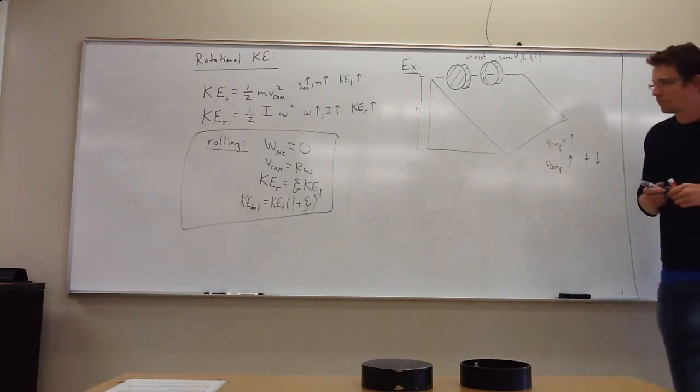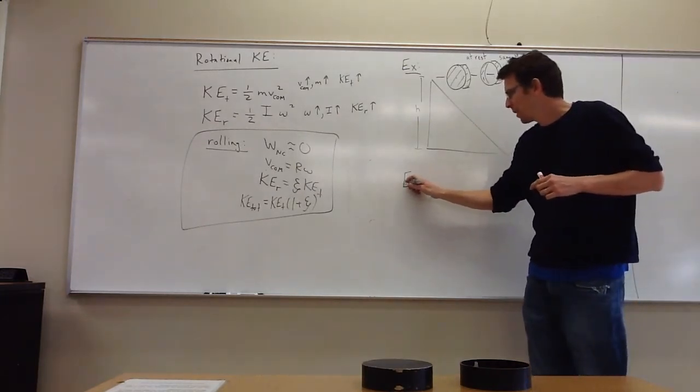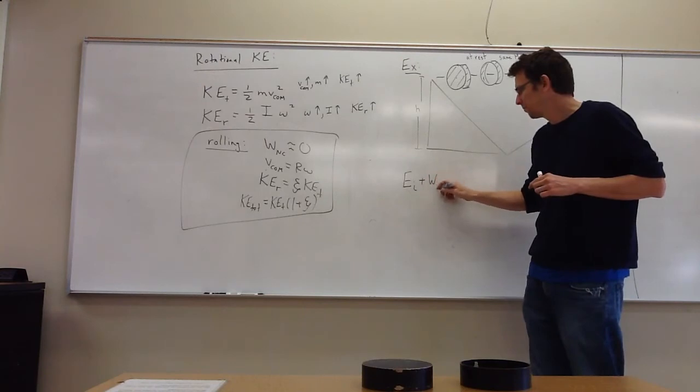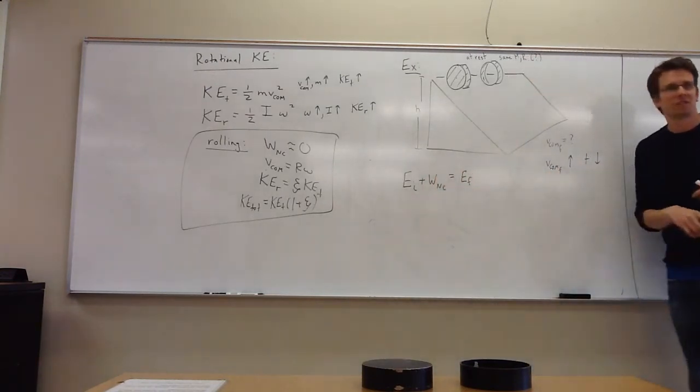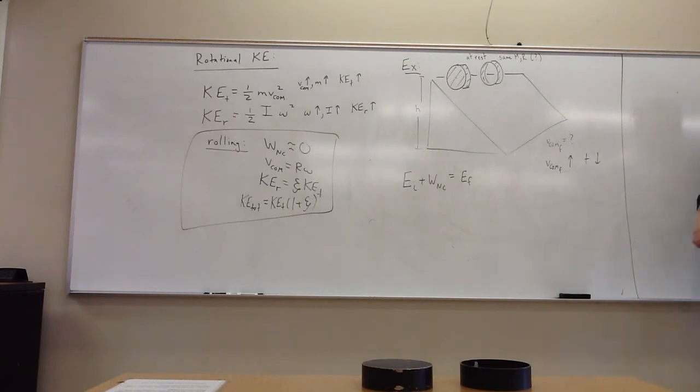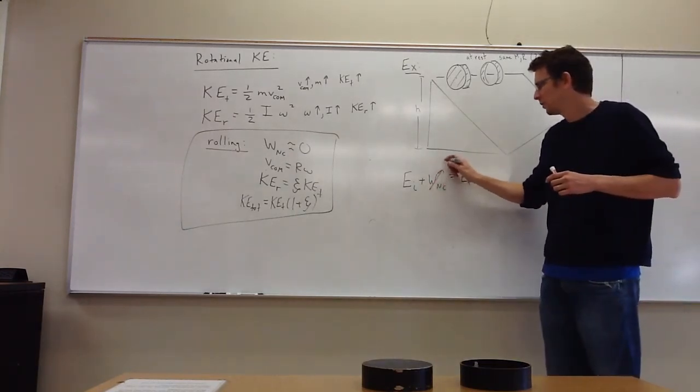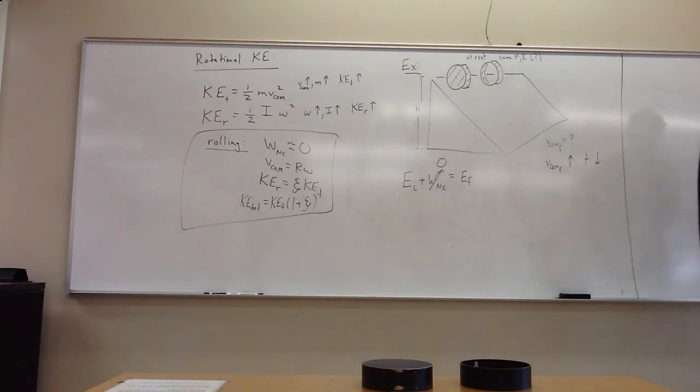So let's set it up. Start with my master energy equation. Always a good place to start. And because I'm rolling, straight away, I'm going to plug in that non-conservative work is 0. So that's borrowing one thing out of the box for rolling.